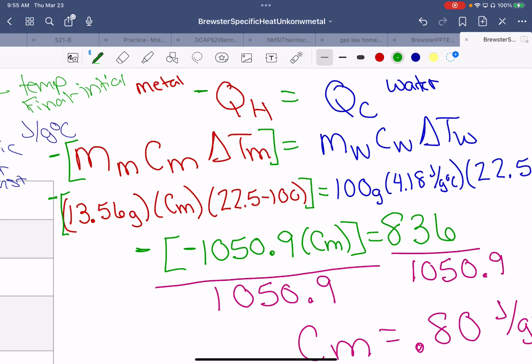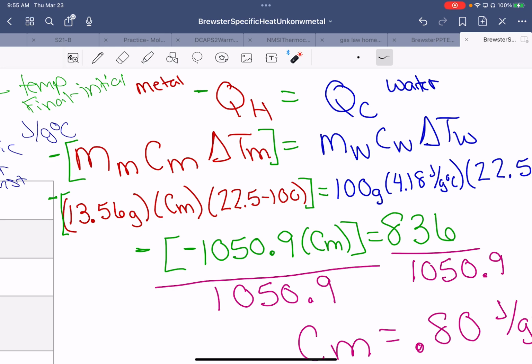Since the hot is going to lose energy to the cold, we're going to put a negative sign out front. Okay, specific heat values have to be positive, they cannot be negative. So I have Q hot equals Q cold. The Q hot's our metal, the Q cold is our water.